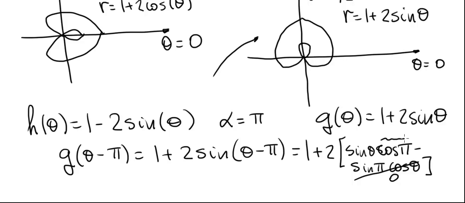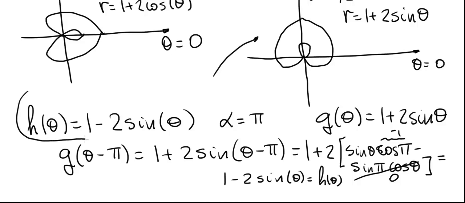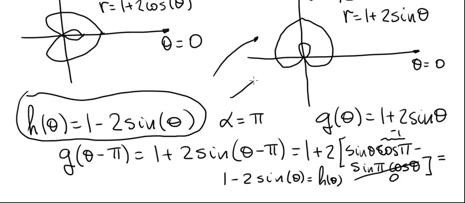Cosine pi is minus 1, and this happens to equal 1 minus 2 sine of theta, which is our h of theta. So in other words, we obtain the graph of this polar equation by rotating this graph pi radians in the counterclockwise direction.